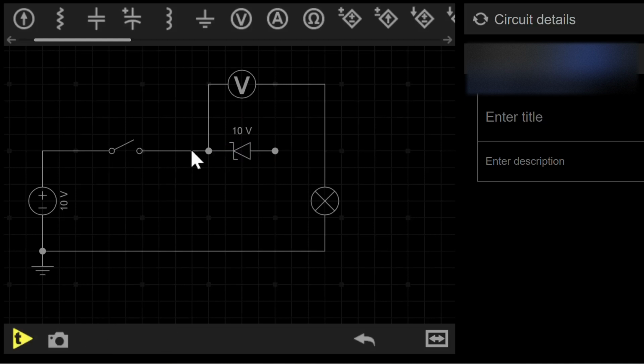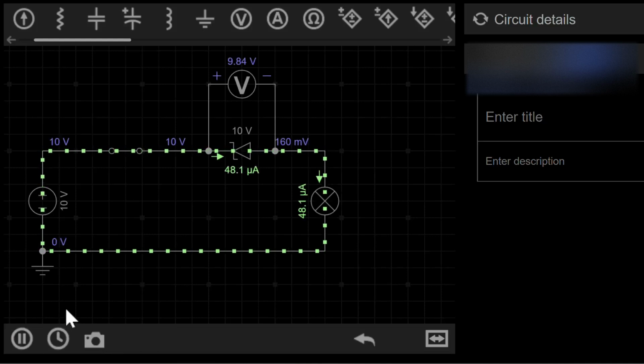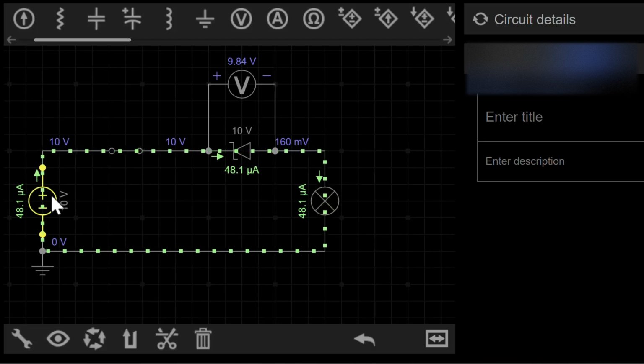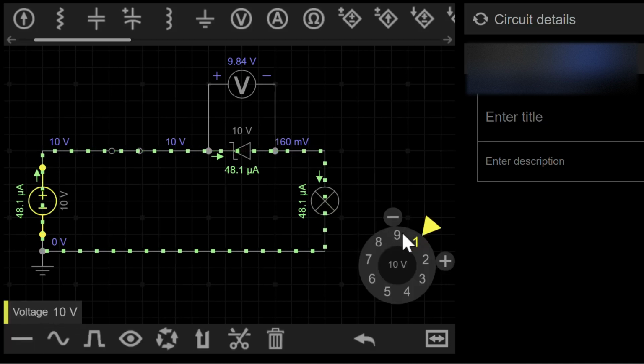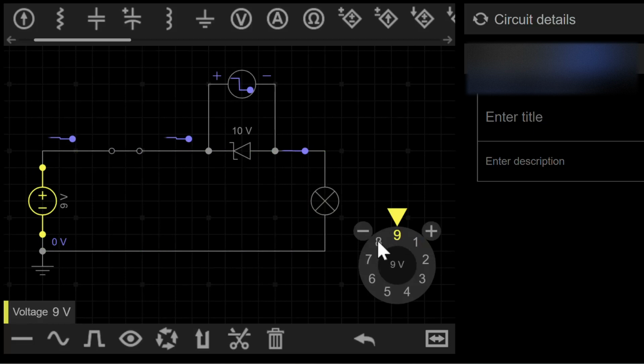Then turn on the switch and you will see, let's say the DC power supply voltage is maybe 8 volt. What will happen? The current will not flow through the circuit. Why? Because the Zener diode is connected in a reverse bias manner.